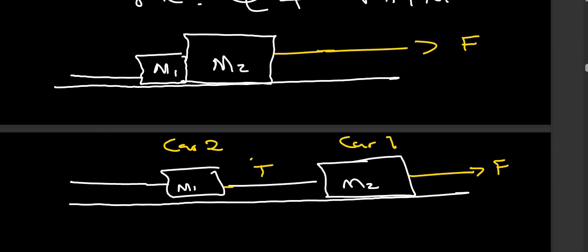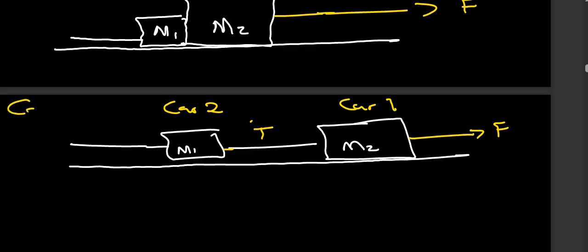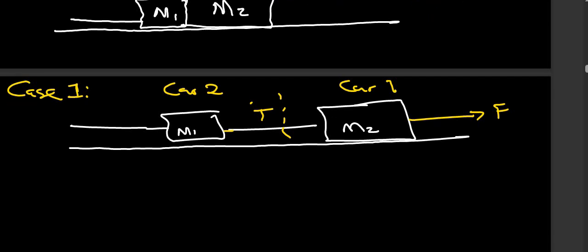Now I'll give you case 1 where there is no friction. If there is no friction and your object is given like this, you are going to make two equations. With respect to car 1, M2, the force that is acting on M2 is this force here, F. So it's like we cut it in the middle, or rather split it, and we're going to have the M1.